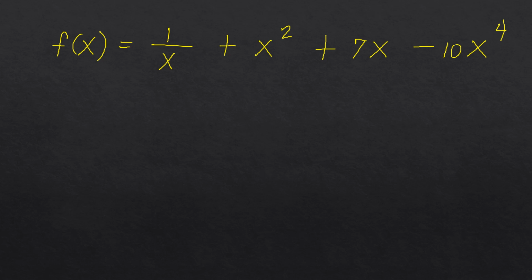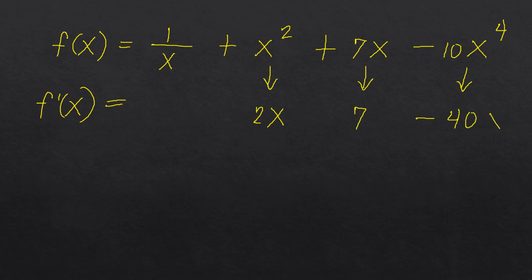So it's very easy to get the derivative of this function except for 1 over x, so it may take time for you. The derivative of x squared is 2x, the derivative of 7x is 7, and the derivative of negative 10x raised to 4 by the power rule will give you negative 40x raised to 3.